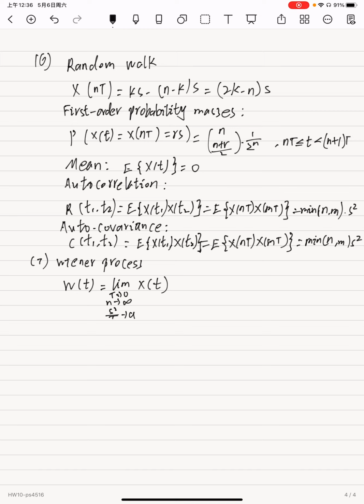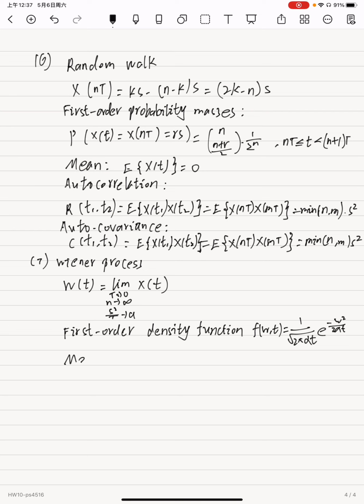And the first order density function is f_W(t)(w) equals a Gaussian density, multiplied by e to the exponent like this.